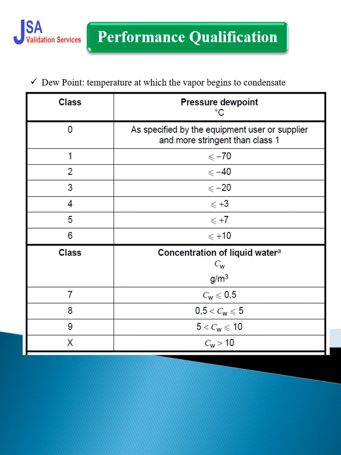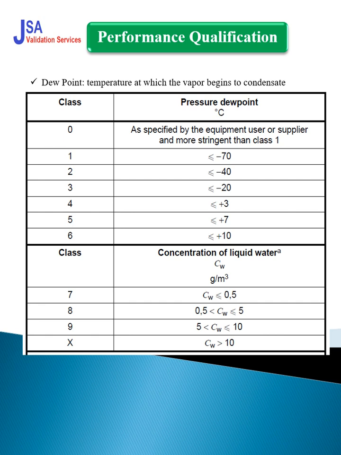The apparatus used for this test is a digital pressure dew point meter or online pressure dew point meter. For class 0 to class 6 we can measure the dew point in degrees Celsius or Fahrenheit: minus 40, minus 70, minus 20, plus 3, plus 7 and plus 10, that is the pressure dew point range. This is not the atmospheric dew point, this is the pressure dew point, which should be measured at more than 1 kg per centimeter square pressure.